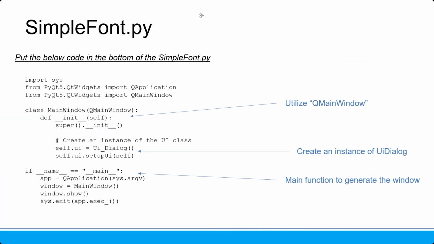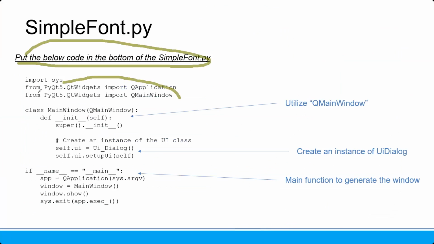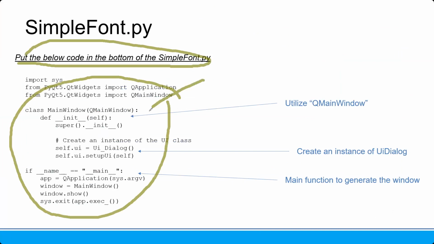Now, the same as the previous example, you need to make the main function. So I prepared this main function, but later on, when you work on your team project, you need to modify this one according to your project. So here is the main window.